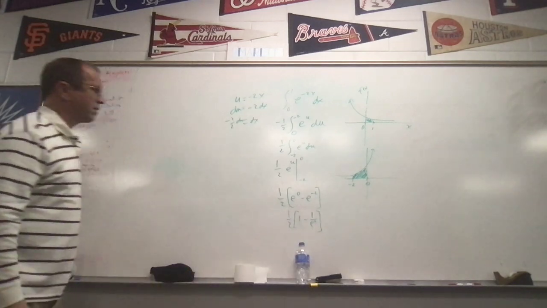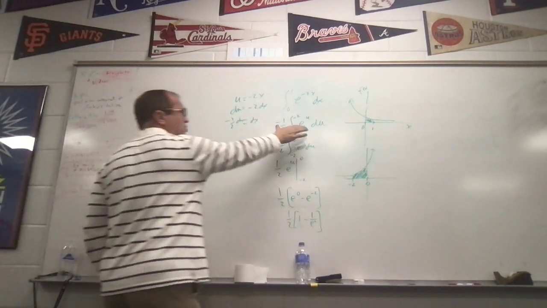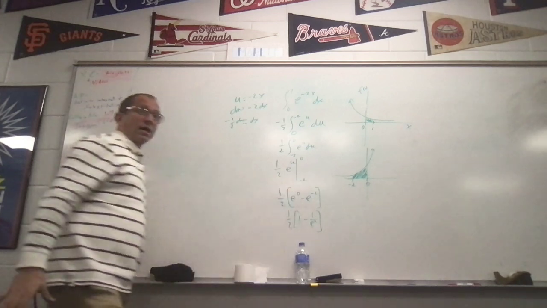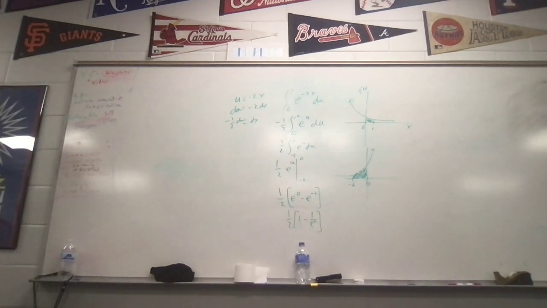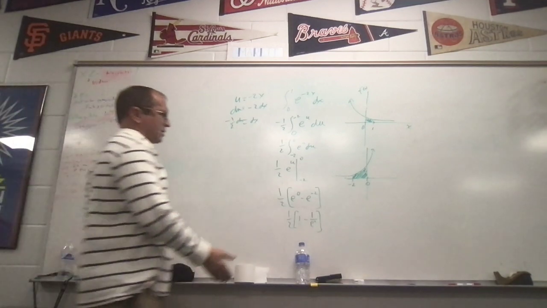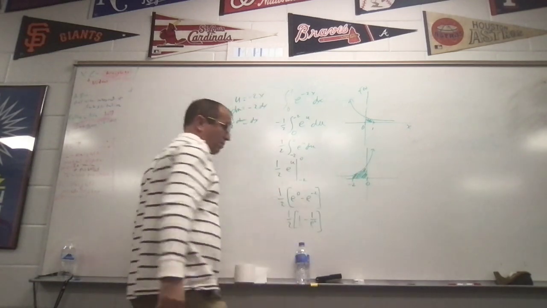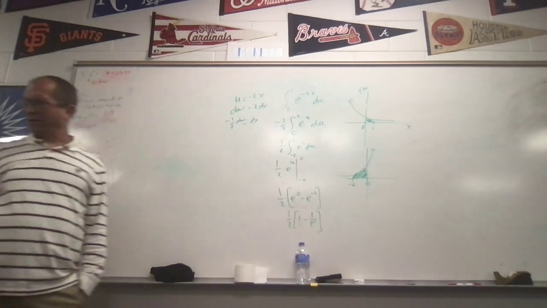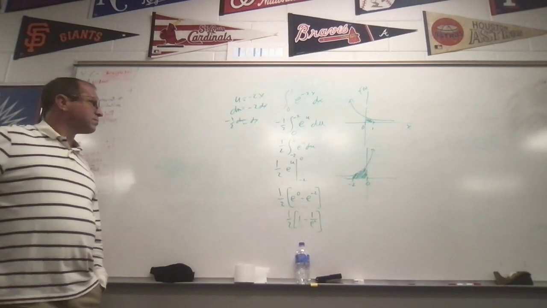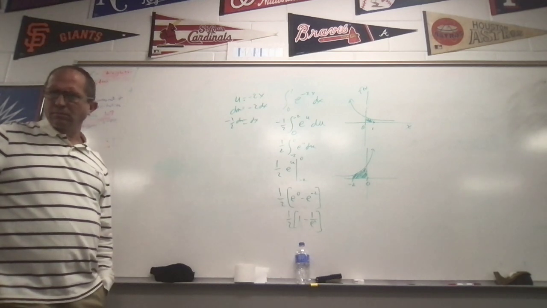So I go from -2 to 0. If you don't do this step, you can go straight from this step to this step and still get the correct answer. I just like dealing with positives more. And it's easier to think about going from -2 to 0 than it is going from 0 to -2. But it's not a big deal. Any question?